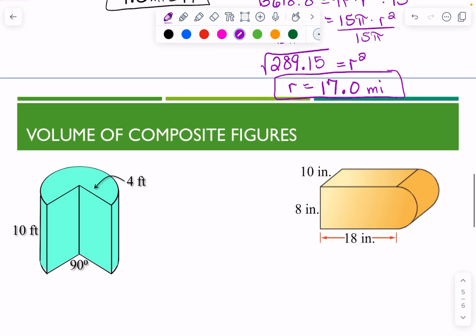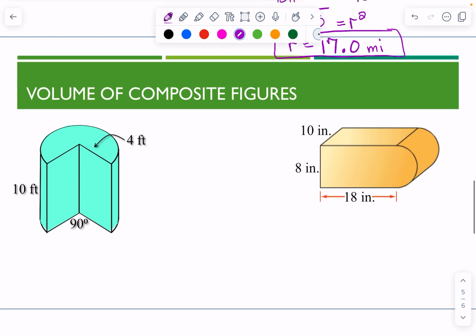All right. What do we do with pictures like this? What do we do to find the composite here? Well, if you think about this, this is a cylinder that has a sector cut out of it. So what we want to know is what portion of the volume do we have? If 90 degrees is cut out, then what's left is 270 degrees.